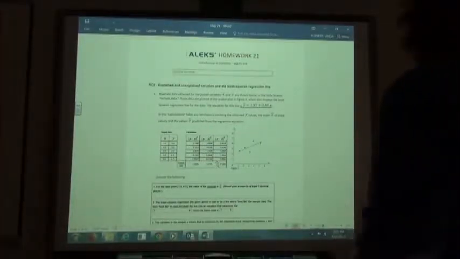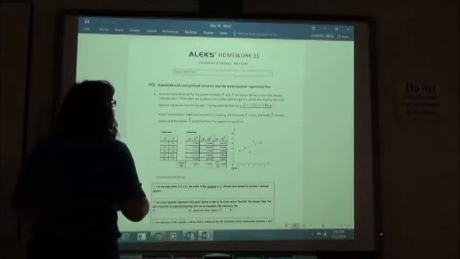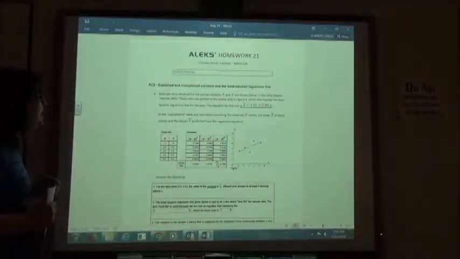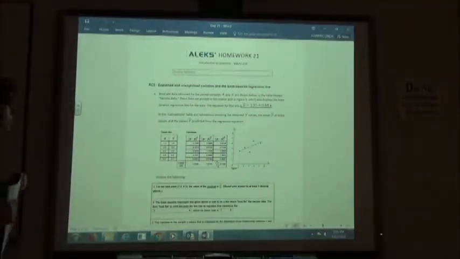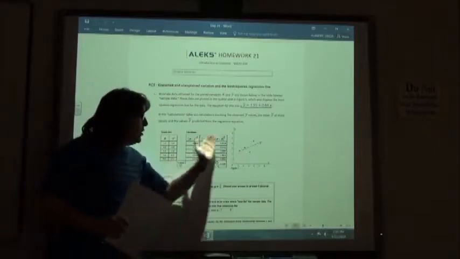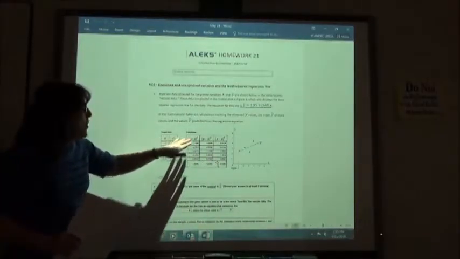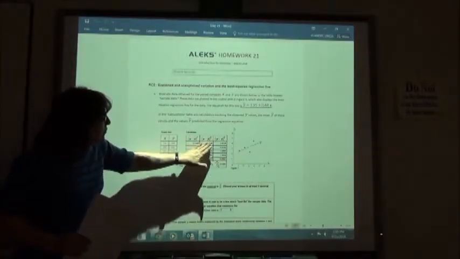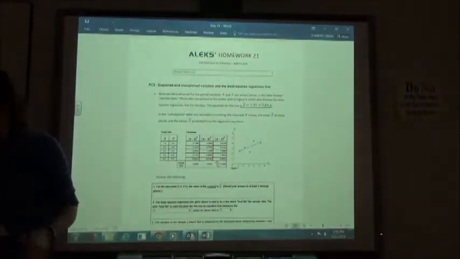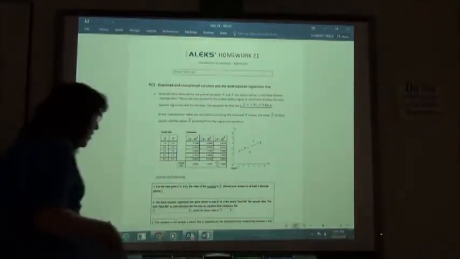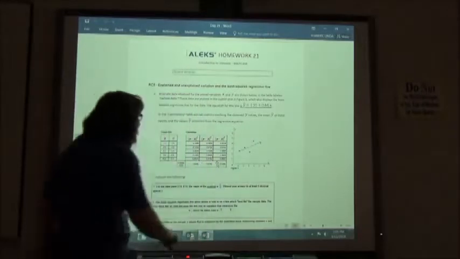All right, homework 21, we're going to start with explained and unexplained variation and the least squares regression line. First of all, they're going to do a bunch of the calculations for you, but you're going to have 3 different calculations that would normally be done, and you need to know what all of those things are.